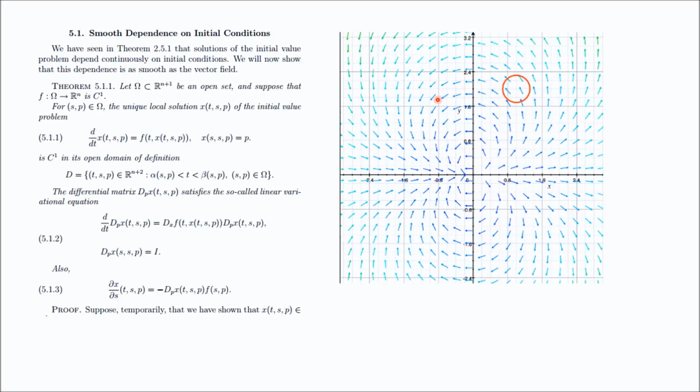That's very roughly speaking what this theorem is saying. It won't remain a circle, but it will remain a smooth shape. So that's what this theorem is saying.